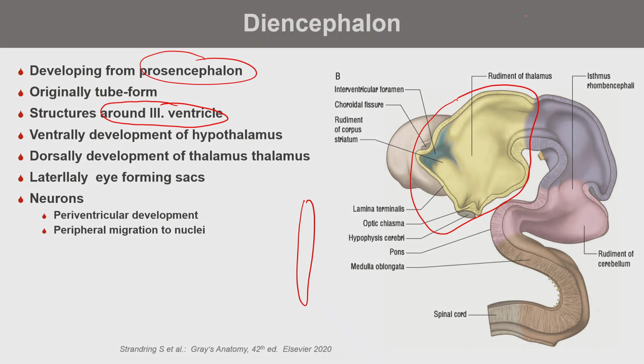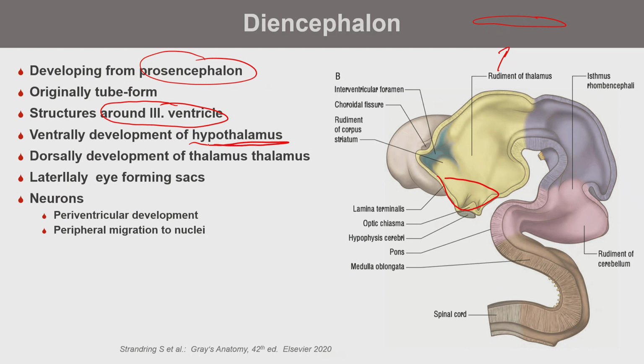Because the original embryo or original organism is long, like a fish, for example, or primitive amphibia, then we have a part which is more ventral and more dorsal. From this ventral part and part of the pouch of the third ventricle, the ventral part is developing in a very important structure called hypothalamus.